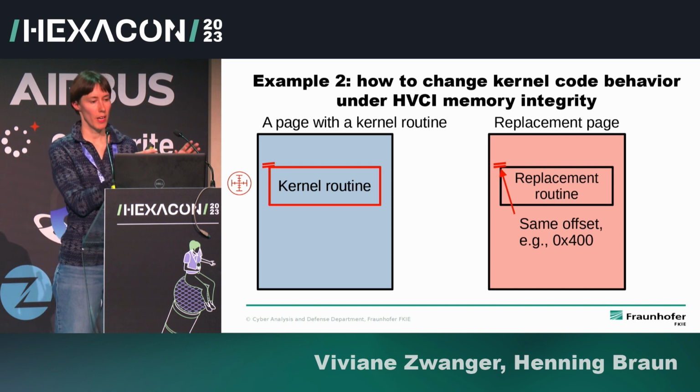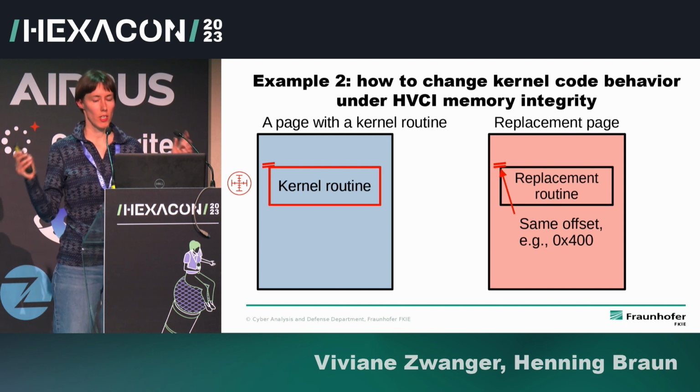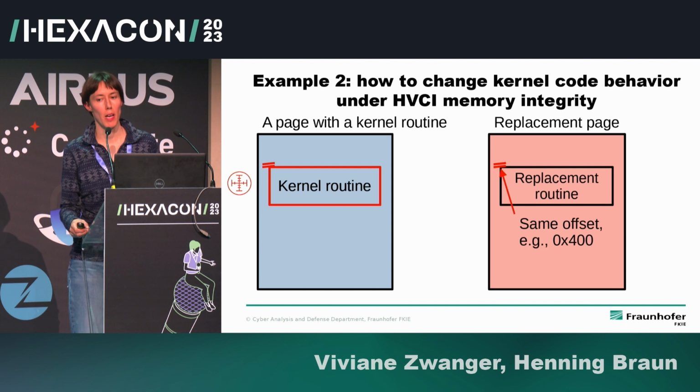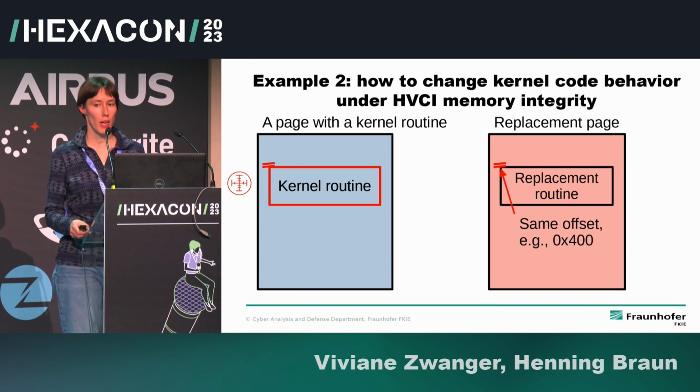You don't exchange single routines, you really exchange those pages by page frame number. So this is why the offsets need to be the same. But I can assure you, you will find some routine that returns a non-zero value and is at the same offset. There's so much code in the kernel.